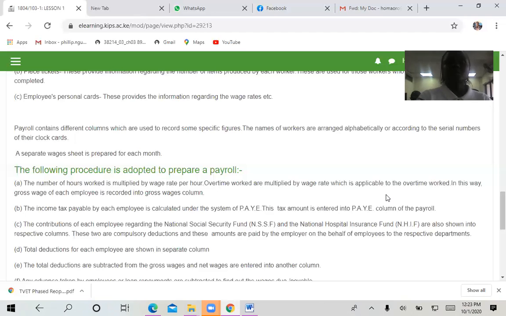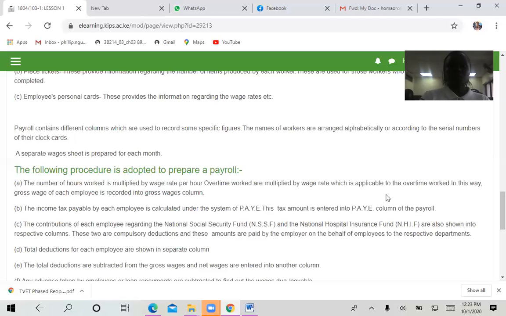Another step, the contributions of each employee regarding the National Social Security Fund, NSSF, and the National Hospital Insurance Fund, NHIF, are also shown in respective columns. NSSF and NHIF are compulsory deductions, and these amounts are paid by the employer on behalf of employees to the respective departments.